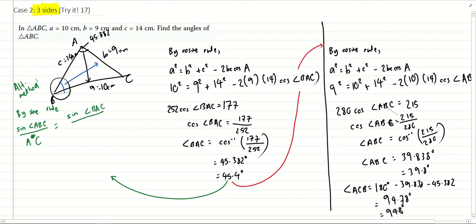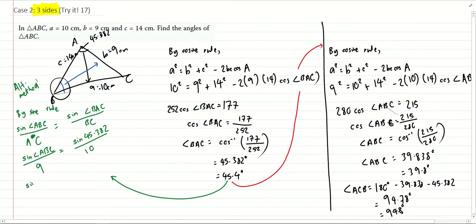So, subbing in all the numbers, I have sine angle ABC over AC, AC is 9 cm, equals sine of angle BAC, which is 45.382, over BC, which is 10 cm.